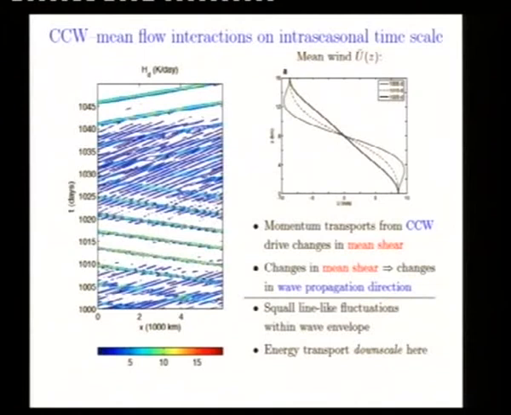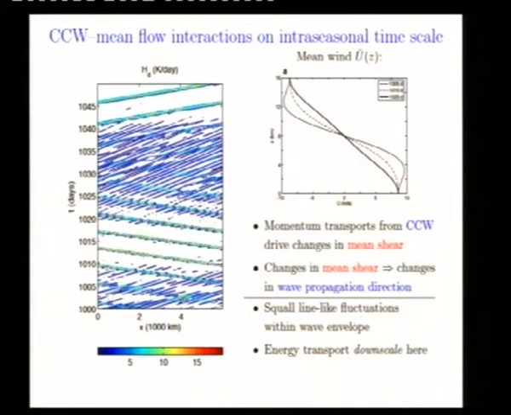Okay, and this is the type of behavior that the model shows now that it can interact with a mean wind. What we see is that there are convectively coupled wave mean flow interactions, and we get an oscillation on intraseasonal timescales. This is 50 days here. It's a 6,000 kilometer periodic domain. There's a westward propagating wave that's propagating around for a while.